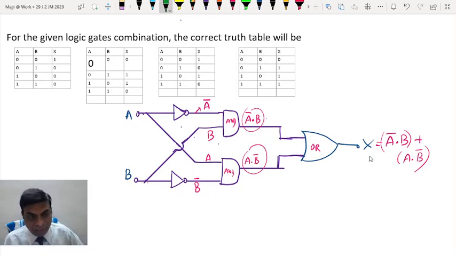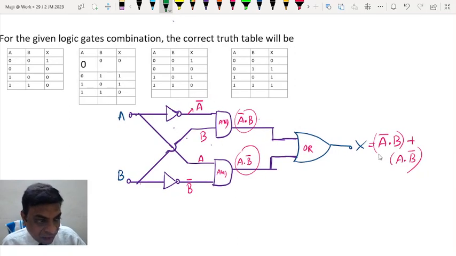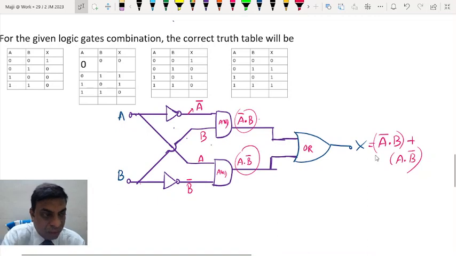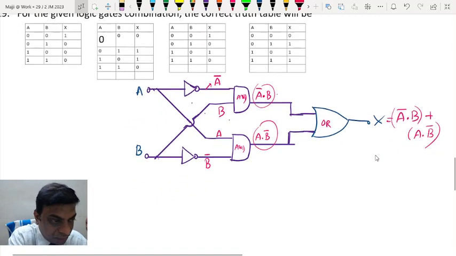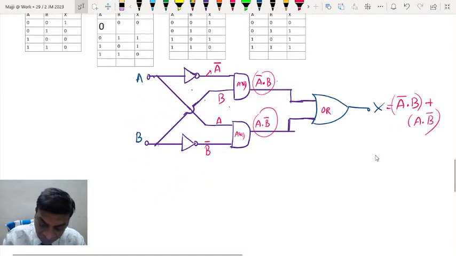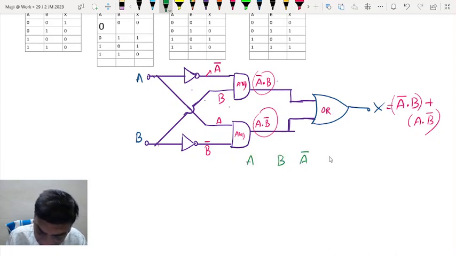Of course we can simplify, but that is not a matter of consideration here. In such case, we can draw the truth table step by step. So what all things are required, you see. We require A, then B, A bar, B bar, A bar dot B, A dot B bar, and finally X, which is OR.